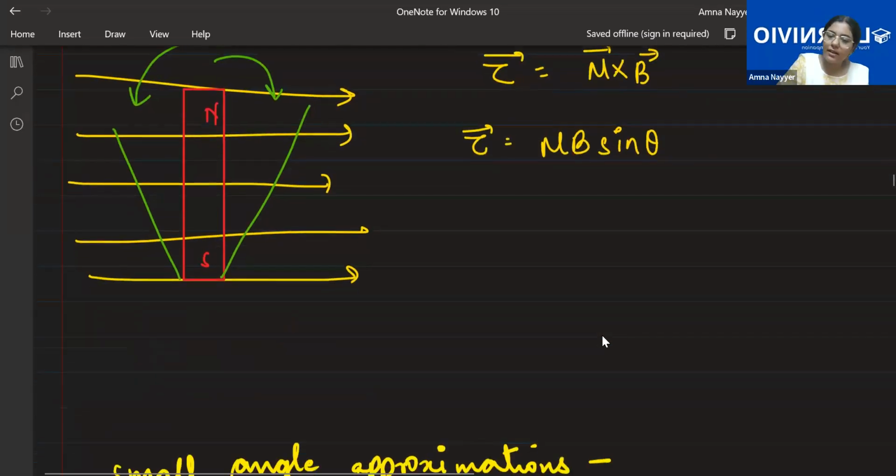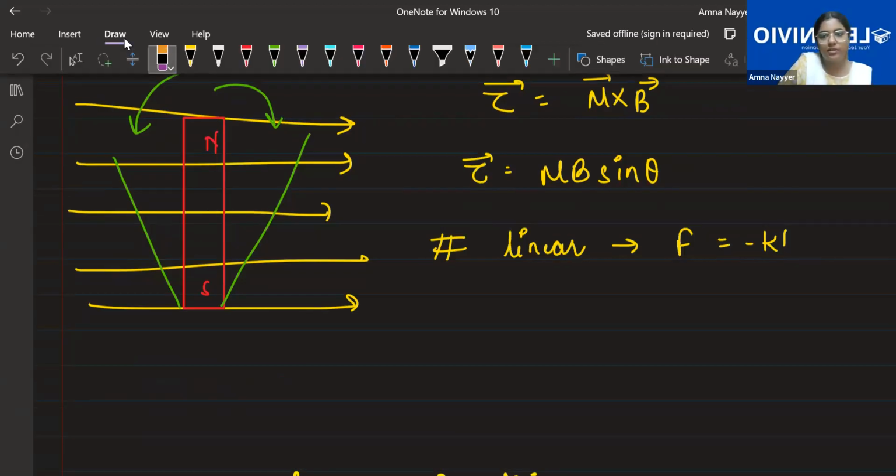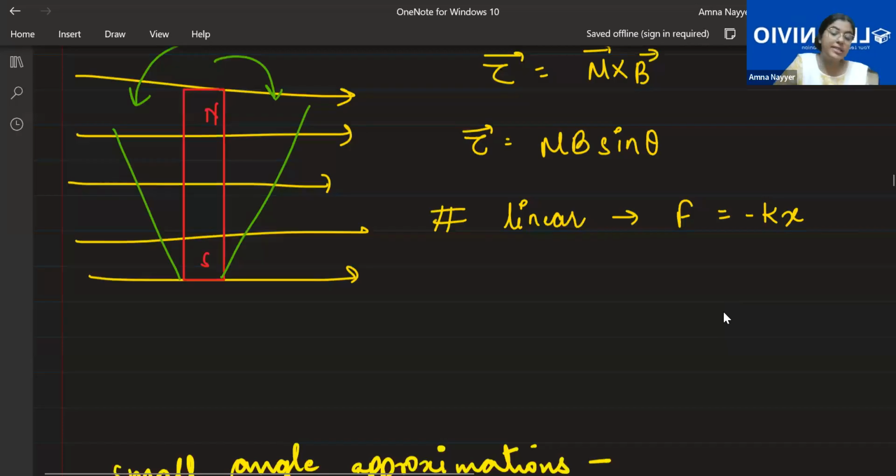Now a quick revision of what you should know: for linear motions, the force should be equal to minus K x. We've done this in electrostatics also. There was a question in the first chapter, if you remember. F is equal to minus Kx.